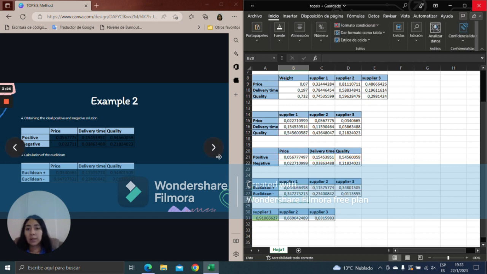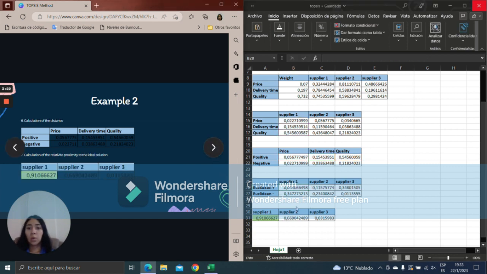And finally, we calculate the relative proximity to the ideal solution. So we can see that the best supplier is the first supplier because it has the highest number in meeting the criteria.